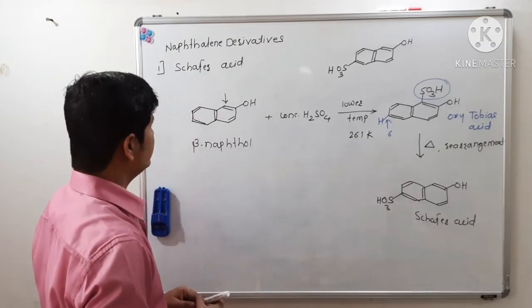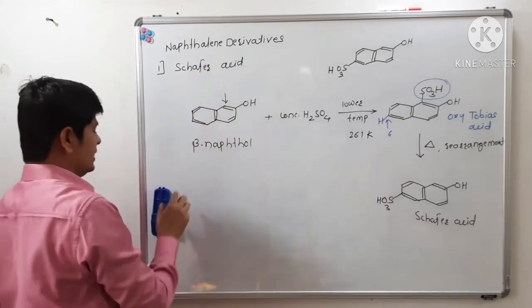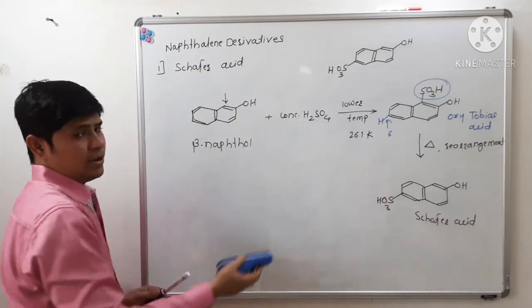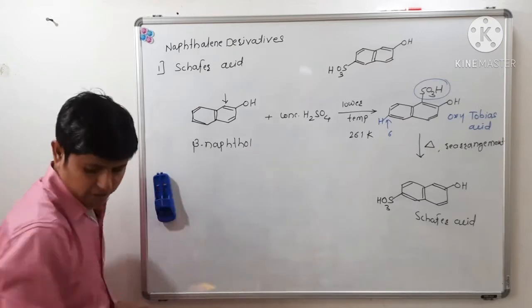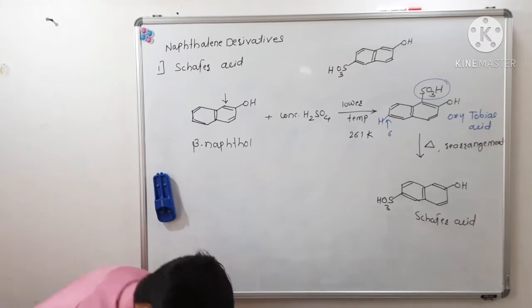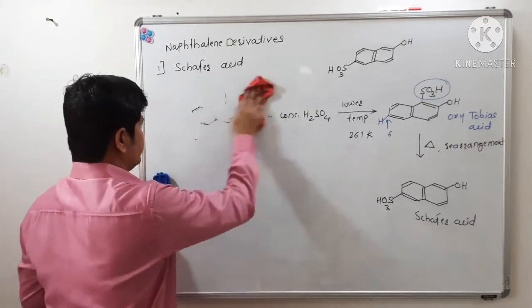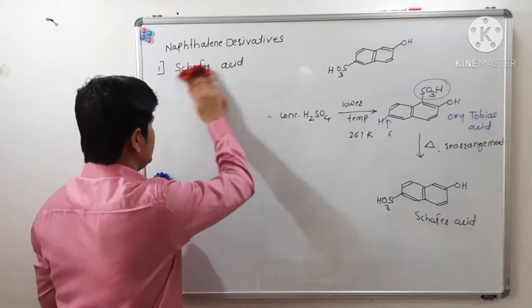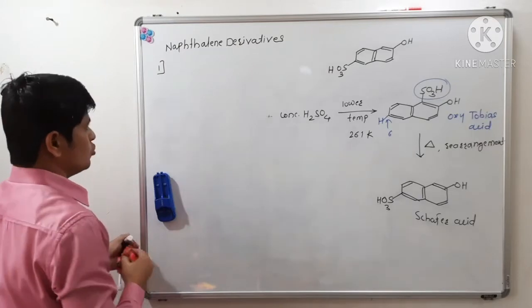Now let us see the next naphthalene derivative intermediate. I hope you have understood how Schaeffer acid can be prepared. Now let us see the next point. The next synthesis is Tobias acid.